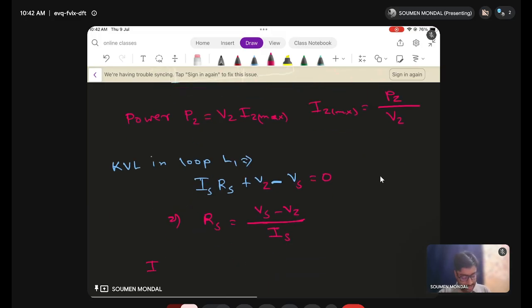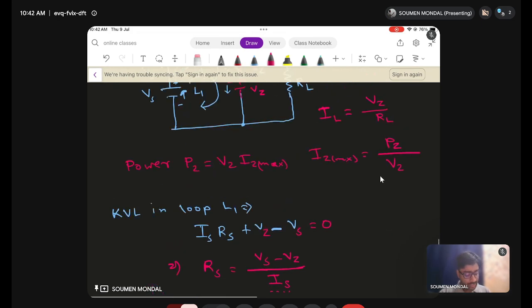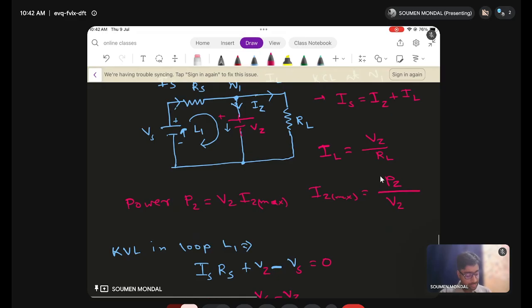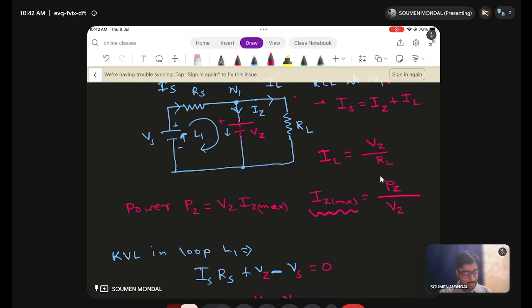So Is max: we want to protect our diode when Iz max is flowing through the circuit, and you can think temporarily there is no RL.